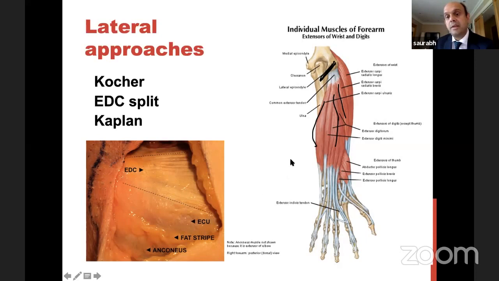All right. And you can see this structure, this fellow there, is your lateral ulnar collateral ligament coming from the epicondyle or just below the epicondyle, inserted on the supinator crest of the ulna. So when I'm doing my Kocher's approach, I'm going through the fibers of LUCL. Remember this point.